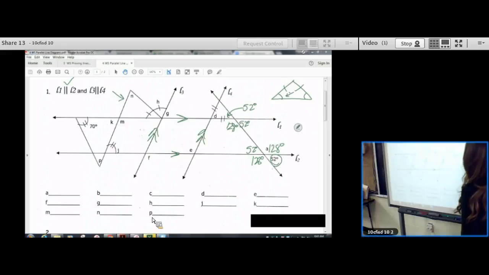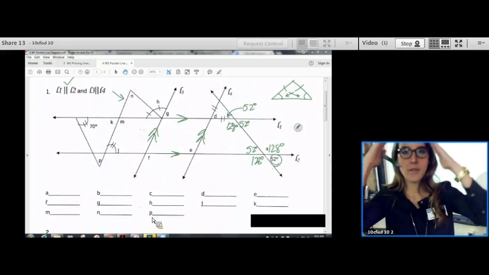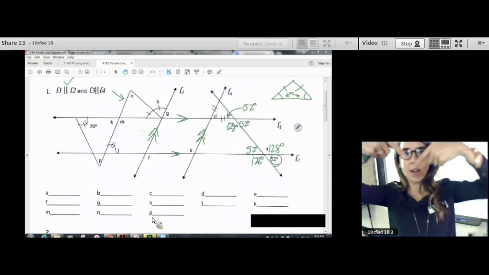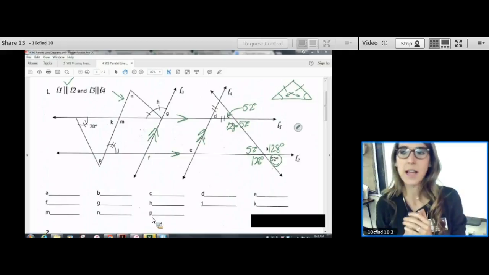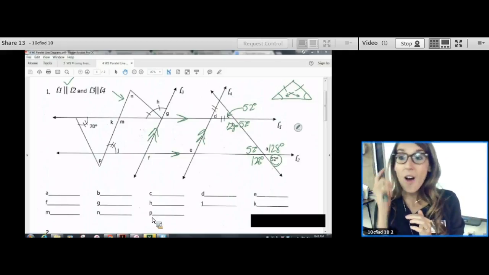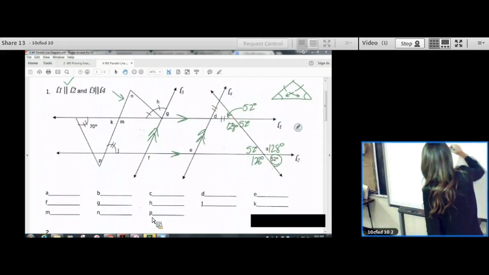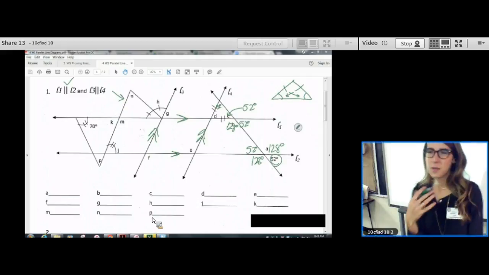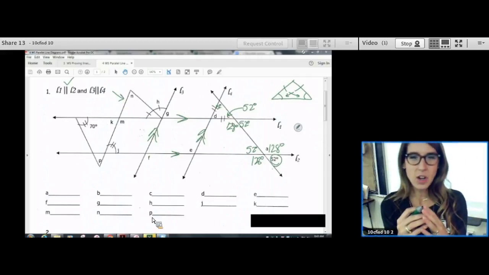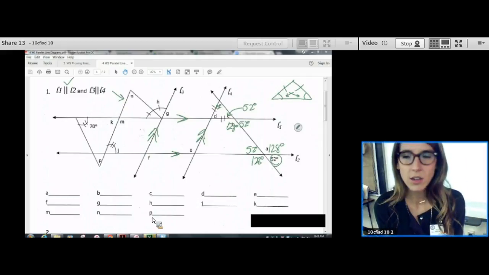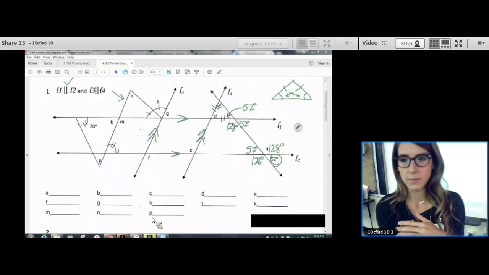See how I'm going opposite? So now I know that C is 52, but I also know that this angle right here is 52. Is everyone okay with that? It's an isosceles triangle. It has two sides congruent, therefore it has two angles congruent.